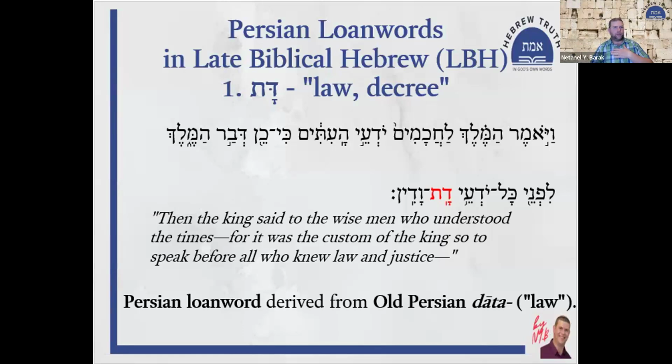If you're a religious person, you are dati. When I walk around the street, people see that I have a yarmulke, I have a kippah. They say, who? Dati. He is a religious person. That's the regular word for religion and religious, dat and dati.